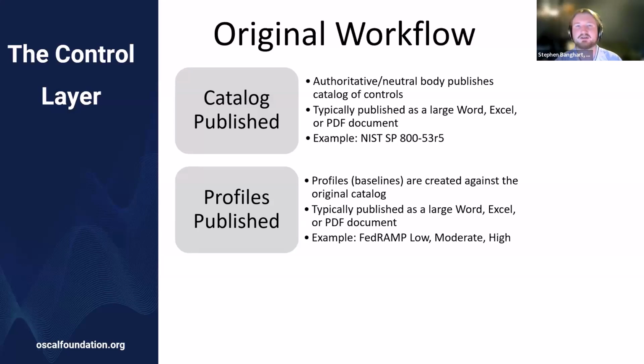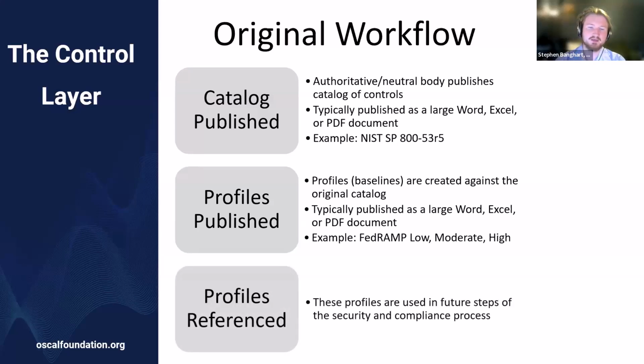As I mentioned earlier, think of the FedRAMP low, moderate, and high profiles. Those are subsets of controls taken out from SP 800-53. And then those profiles go on their merry way to various other compliance processes down the workflow chain. Okay, this makes sense. This is a workflow that is pretty standard when it comes to risk management and compliance.